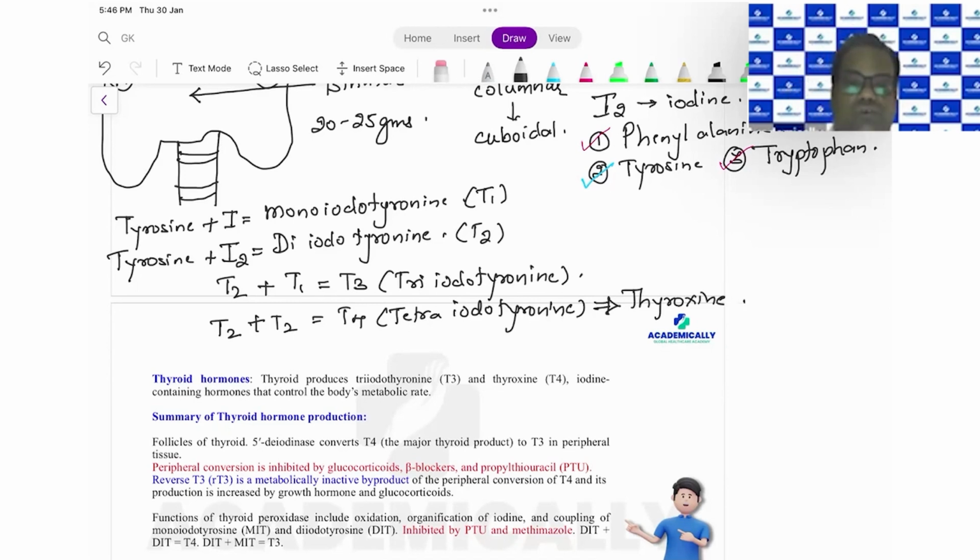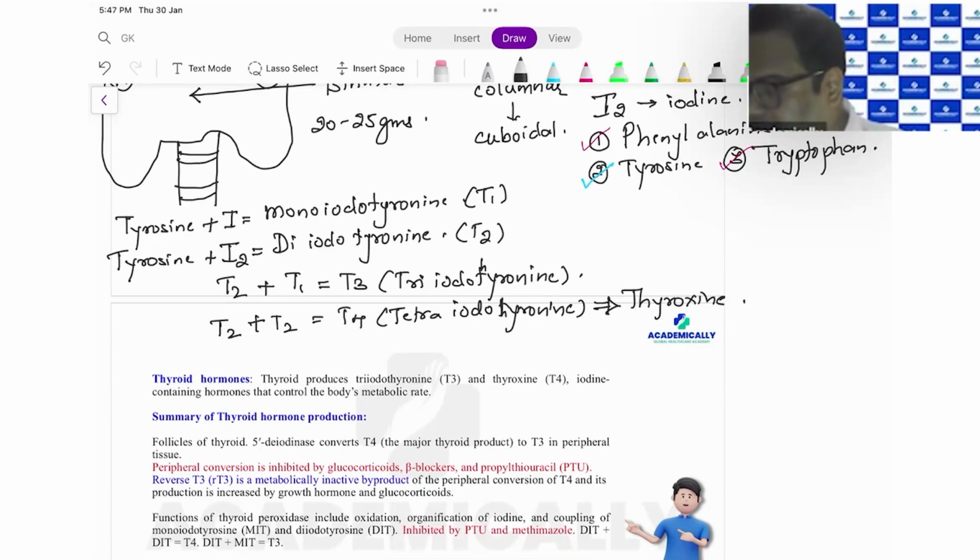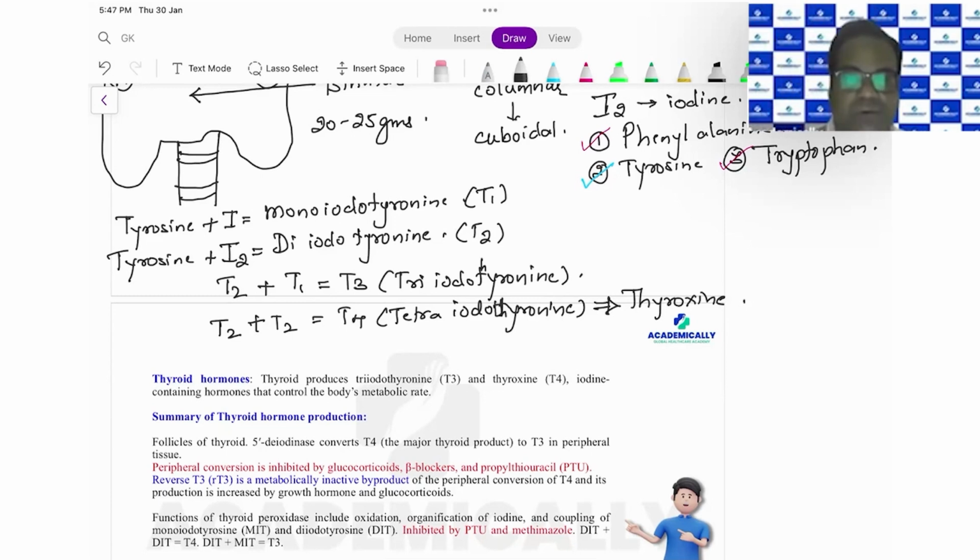All right. So the actual thyroid hormones working in our body are T3 and T4. Triiodothyronine and tetraiodothyronine, which is also called thyroxine.